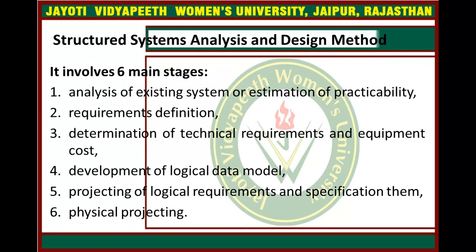Now it involves basically 6 main stages, and what are these? First is analysis of the existing system or estimation of practicability. The second is requirements definition, then determination of technical requirements and equipment cost, development of logical data model, projecting of logical requirements and specification of them, and the last is the physical projecting.